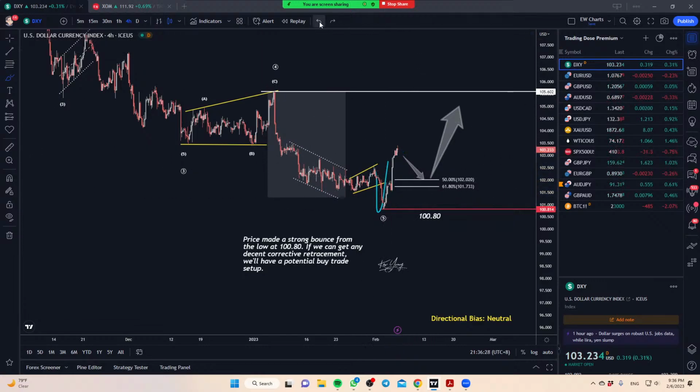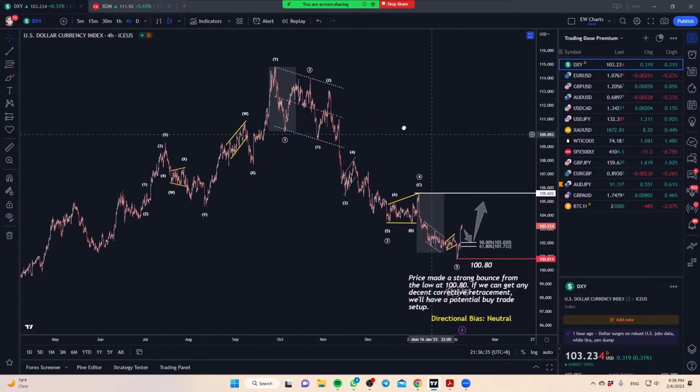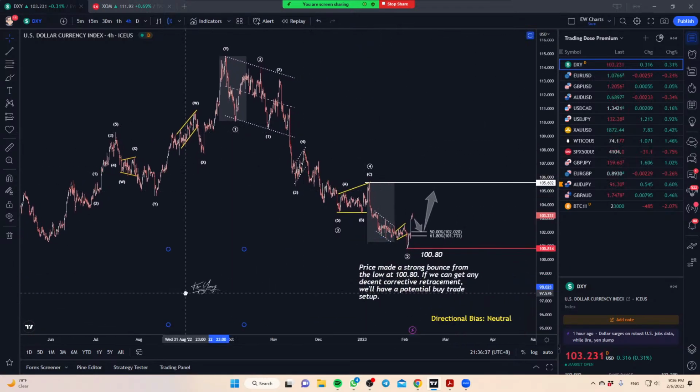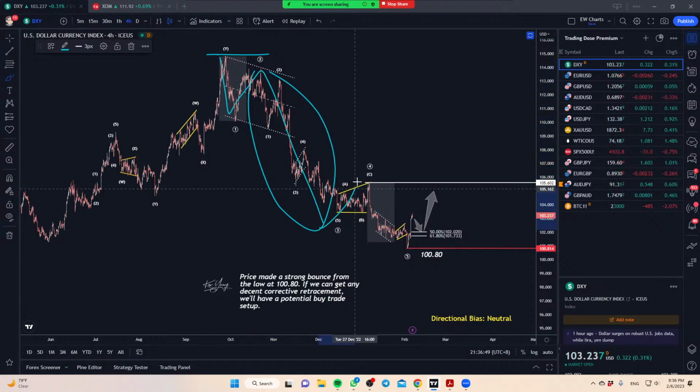Okay, so from a technical point of view, if I zoom out a little bit, we may have completed a bigger 5-wave structure as a whole. From this little peak here, we can see the circle wave 1, 2, 3. Internally here we have another 5-wave, wave 4, and then potentially this is wave 5, and then internally here we have 5-wave down as well.